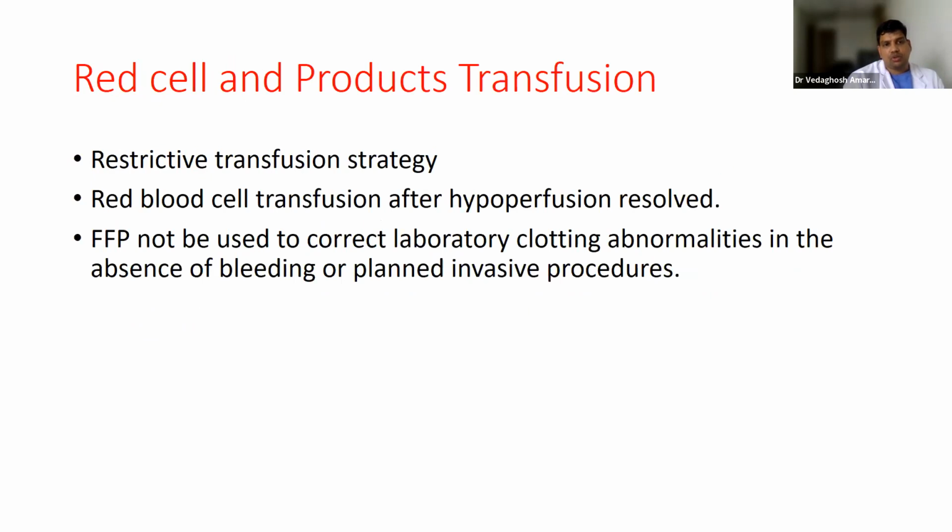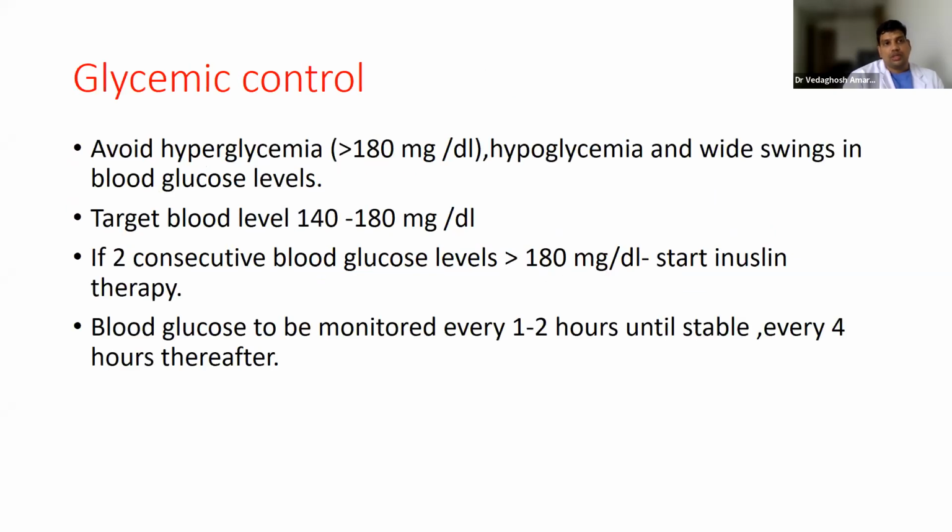FFP should not be used to correct laboratory clotting parameters unless there is bleeding or a planned invasive procedure. Coming to glycemic control, they say to avoid hyperglycemia, with sugars not more than 180 milligrams per deciliter, and to avoid hypoglycemia.